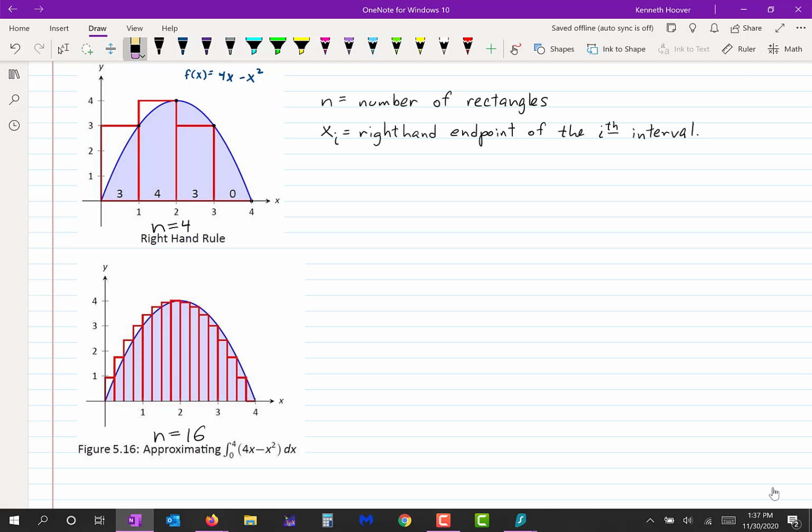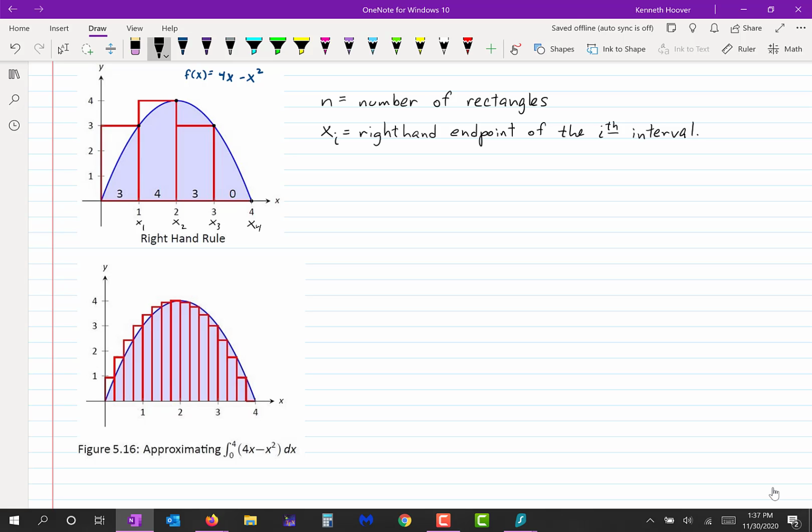So what do I mean? Let's draw it in these pictures. In the top picture, 1 is x1, 2 is x2, 3 is x3, and 4 is x4.